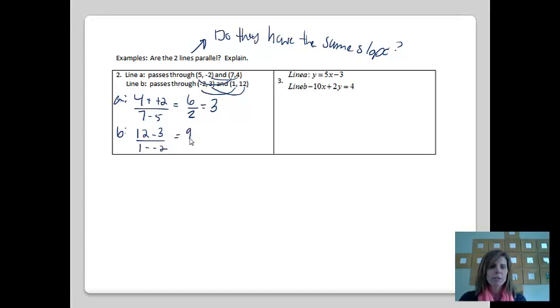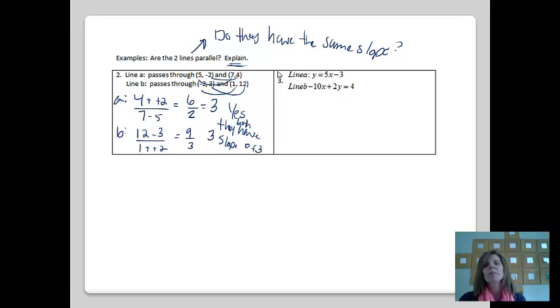So 12 minus 3 is 9. 1 minus -2 turns into 3. 9 divided by 3 is 3. So they both have a slope of 3. So when it says, are the two lines parallel, I would say yes. And it does say to explain. I will say they both have slope of 3. Okay?